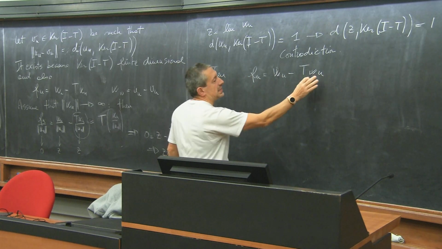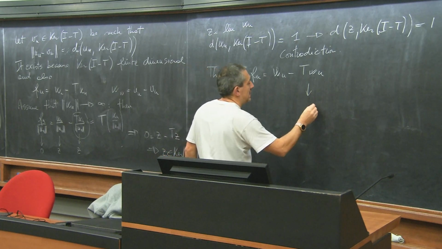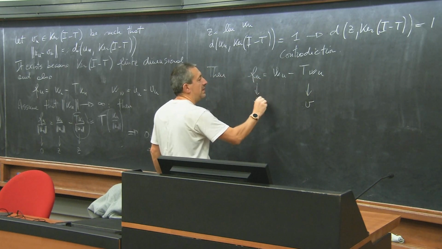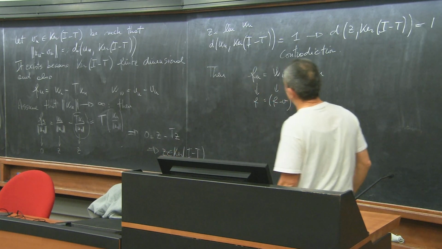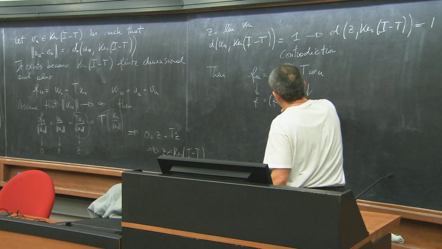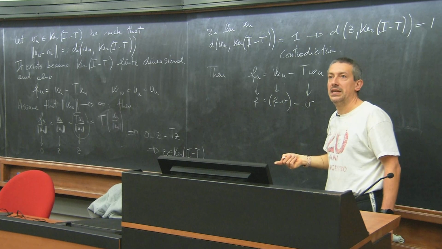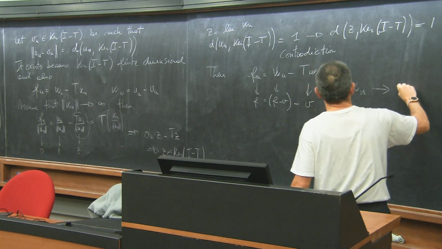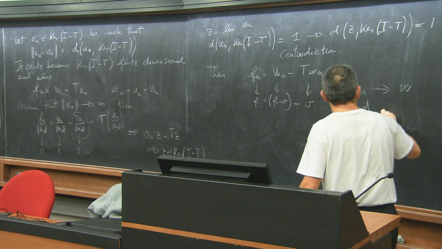Again, this is bounded, so this converges up to subsequences to some limit, and the left side converges to F. So this guy should converge to exactly F minus V. And then if this guy converges, Wn converges to some W, and F, passed to the limit, is equal to W minus TW.